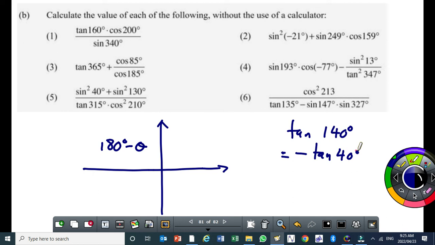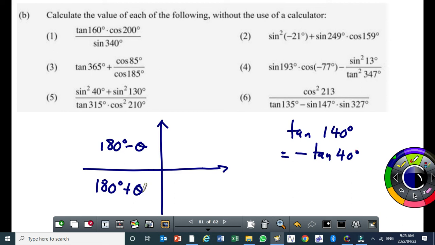Okay? And then in the third quadrant, it will be 180 degrees plus theta. So if you get an angle, you must ask yourself, is the angle in the third quadrant? If it's in the third quadrant, then the question will be, what acute angle can you add to 180 to get the angle you are given?